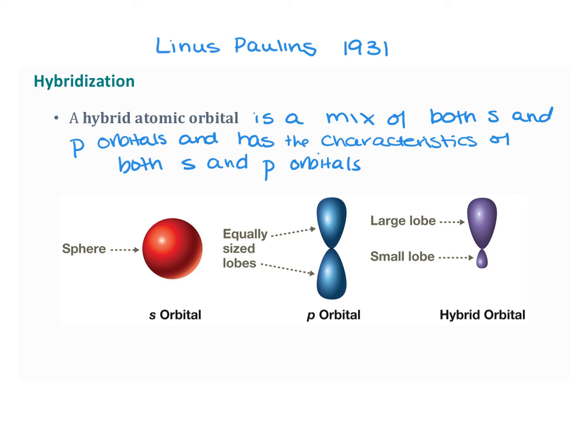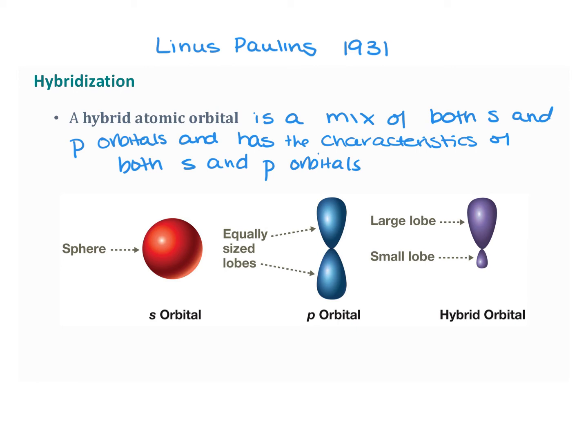So here's a visualization. Here's your s orbital. Here are your equally sized lobes of a p orbital. And when there's a hybrid orbital, you have a larger lobe on one side and then a smaller lobe on the other. You still have a node right here. This shape is somewhat different from either, but this is our hybrid orbital.